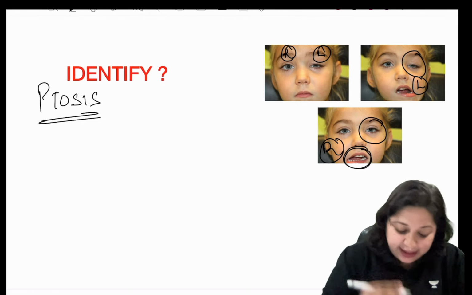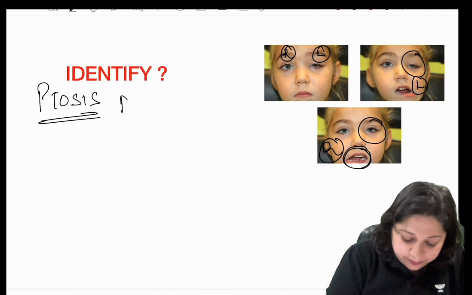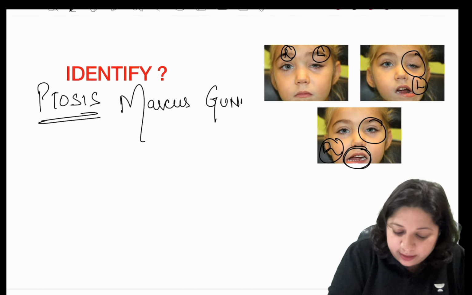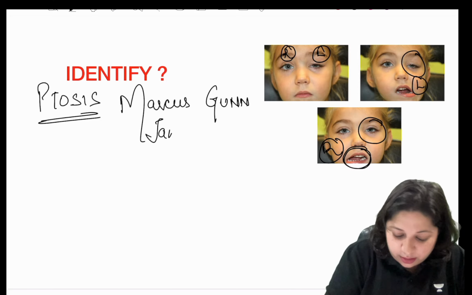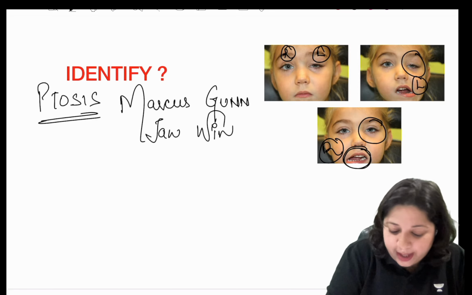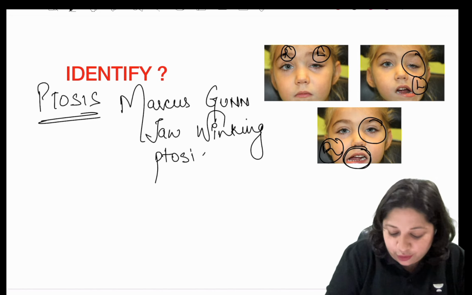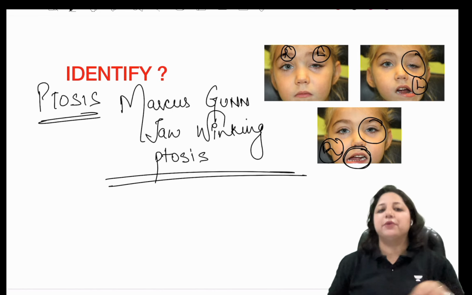So what is this? This is called Marcus Gunn jaw winking ptosis. Right?